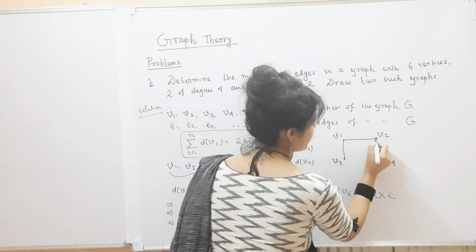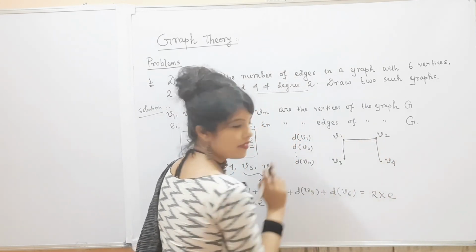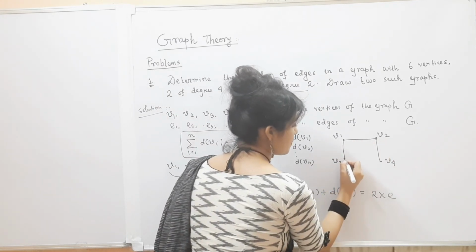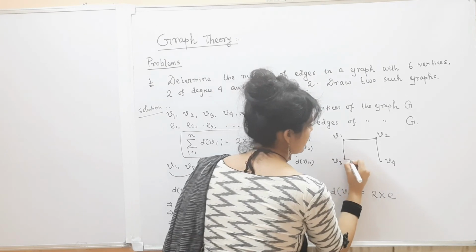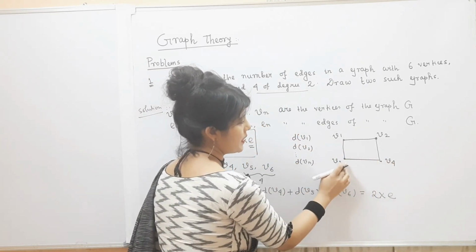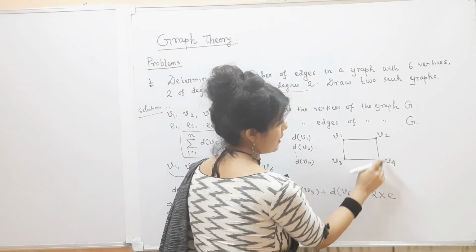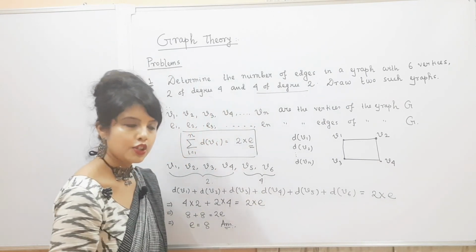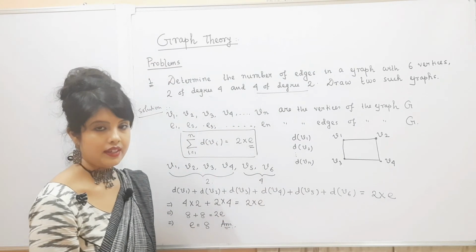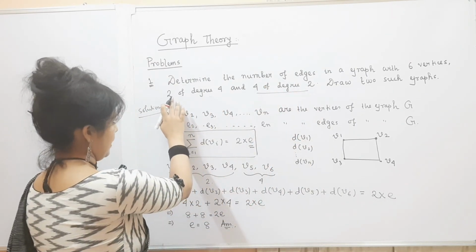Then V2 and V4, so the degree of V2 is 2. Similarly for V3, join V1 and V4, so the degree of V3 is 2, and the degree of V4 is again 2. So all the vertices V1, V2, V3, V4 have degree 2. This condition is fulfilled.